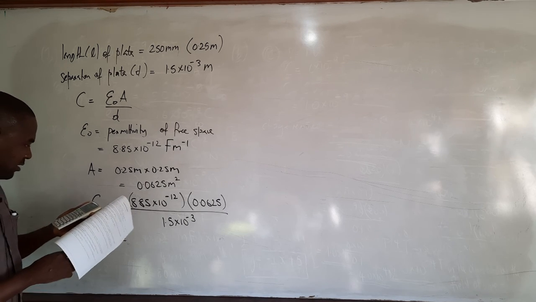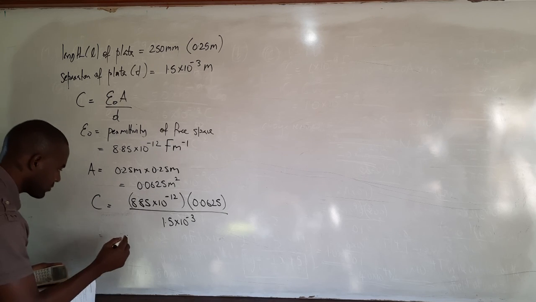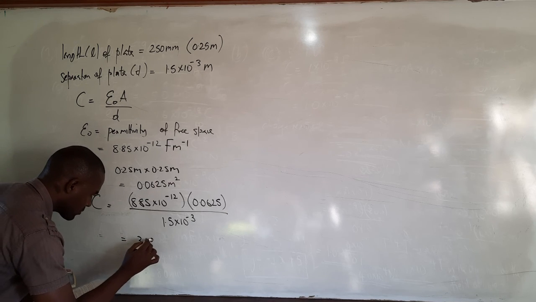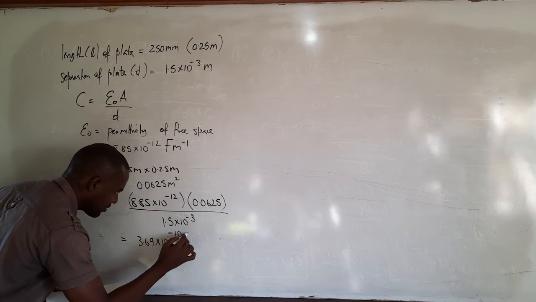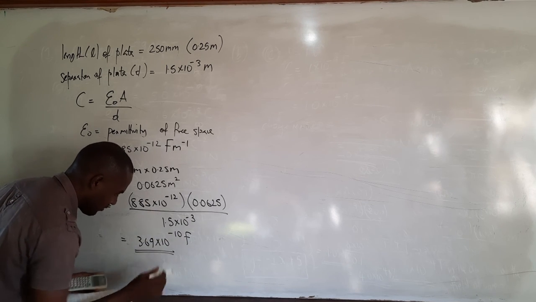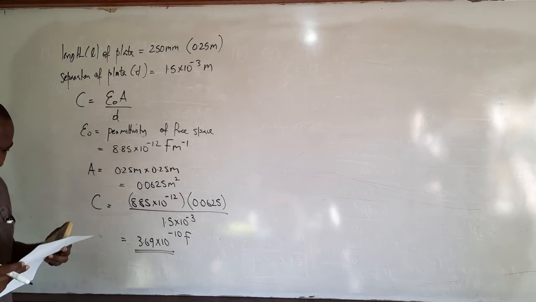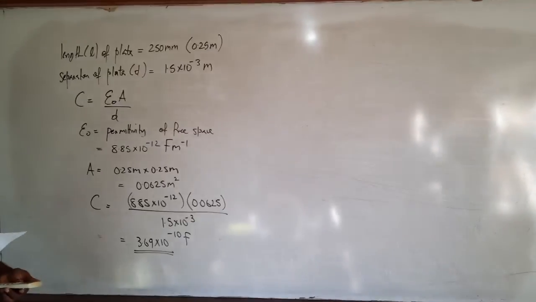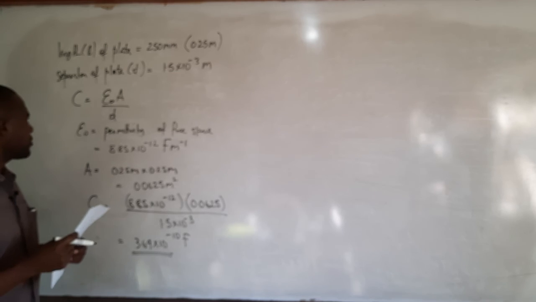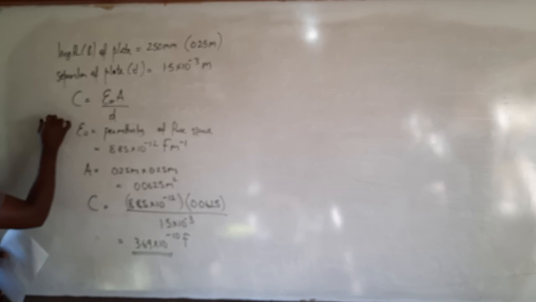This gives us a value of 3.69 times 10 to the minus 10 farads. So therefore the capacitance of this capacitor is 3.69 times 10 to the minus 10 farads, right? So that is with air between the plates of the capacitor.